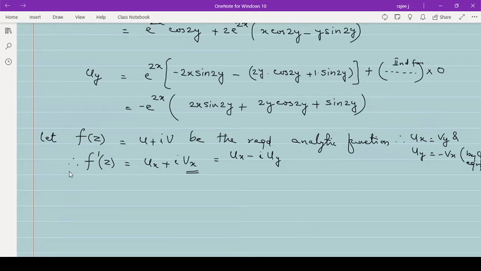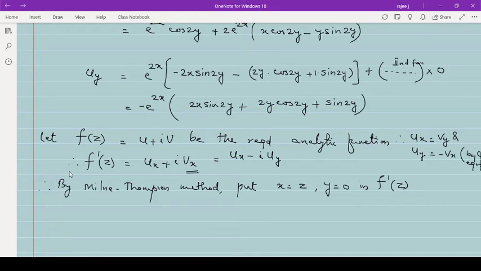Then by the Milne-Thomson method, we put x equal to z and y equal to 0 in this ux and uy, meaning in f dash z.